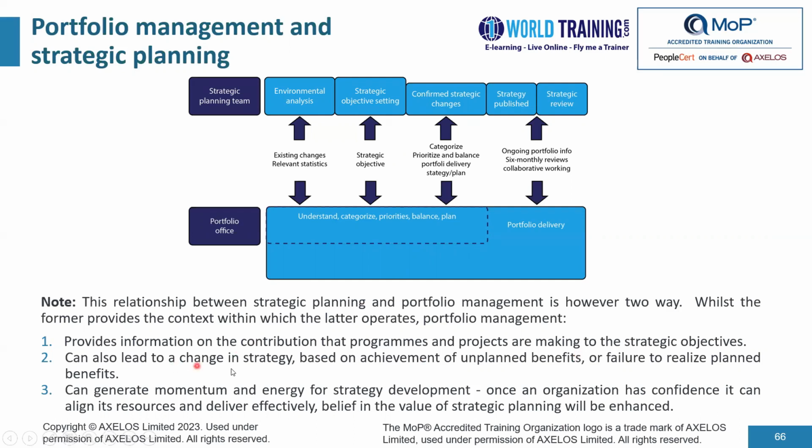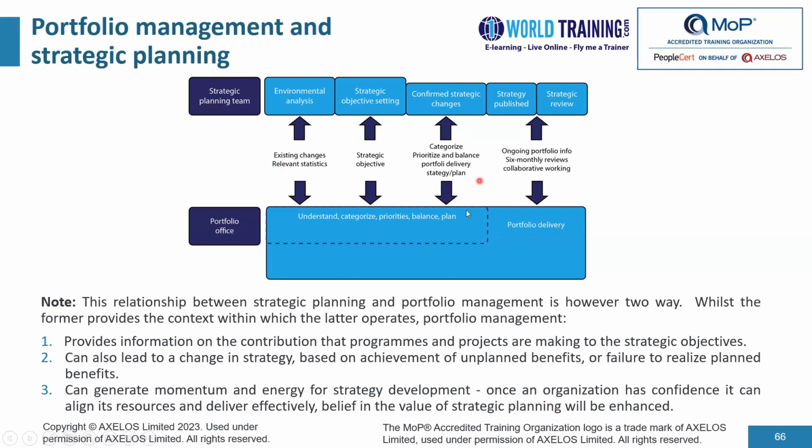It can also lead to a change in strategy based on achievement of unplanned benefits or failure to realize planned benefits. It can generate momentum and energy for strategy development. Once an organization has confidence, it can align its resources and deliver effectively. Belief in the value of strategic planning will be enhanced.